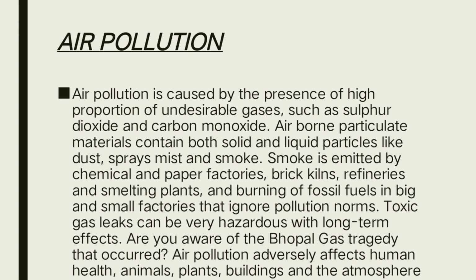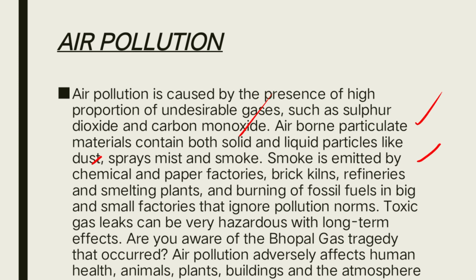Air pollution is caused by the presence of a high proportion of undesirable gases like sulfur dioxide, carbon monoxide, and other elements. Airborne particulates, or small materials, contain both solid as well as liquid particles like dust, spray, mist, smoke. All these are elements present in the air, very tiny particles.